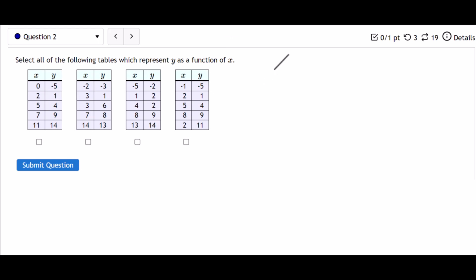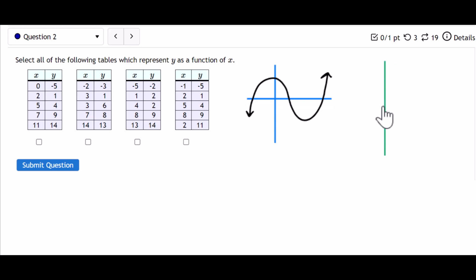So let's say that I have some graph right here, and I am going to draw some function. All right, so here's my graph right here. Now, in order to be a function, that means I have some vertical line that I can move anywhere on this graph, and it only intersects my black function, my black line, in one place.